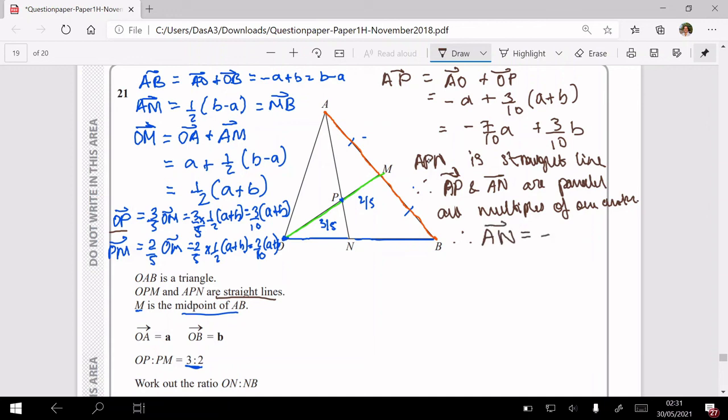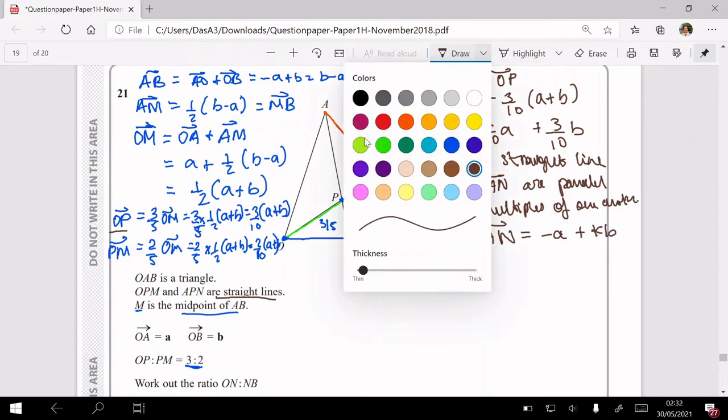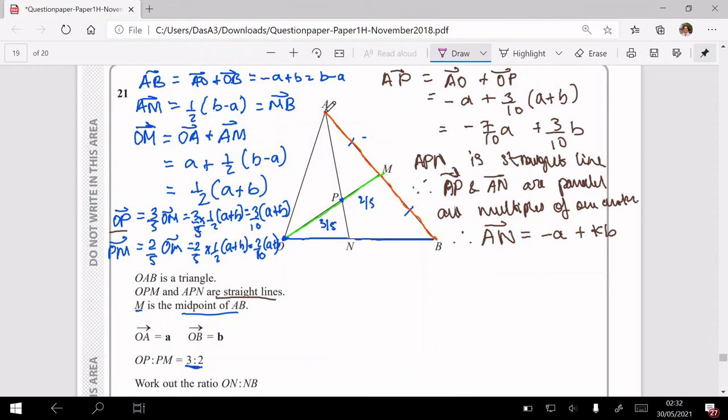So therefore, AN can be written as minus A plus KB. Let's use a different color to highlight it. If you look at the journey A to N, it can be shown as AO plus ON, and AO is minus A, and we don't know what ON is, but K represents the constant multiple of B. So we know B is vector B, so K is a factor of B, therefore KB.